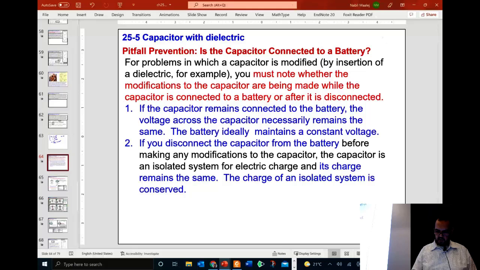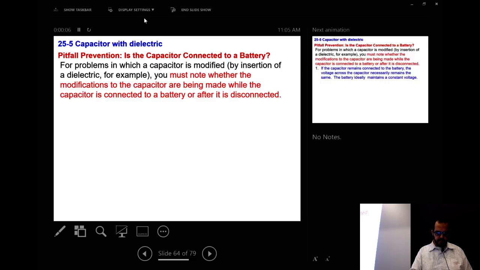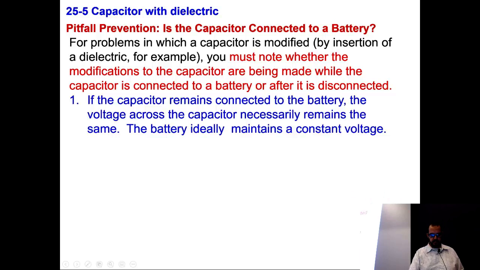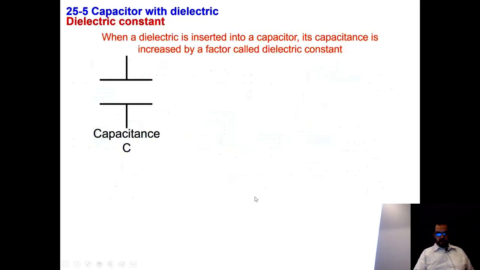All right, so let me go to the presentation mode and introduce the next topic. So far we have studied capacitors with two conducting metal plates, or they can be cylinders or spherical shapes, but in between them there is air or vacuum, because air is an insulator and so is vacuum.